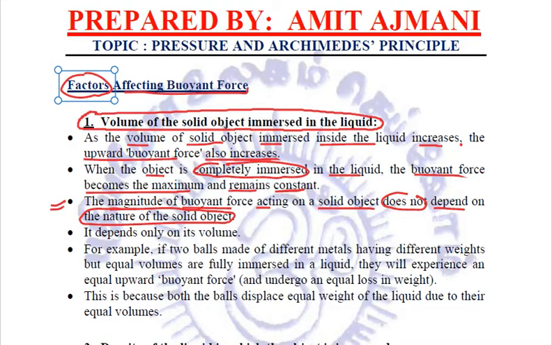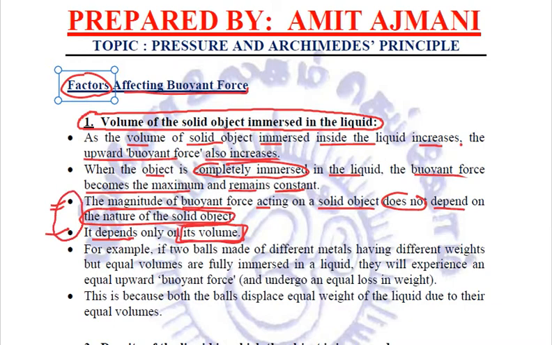It doesn't make any difference to the amount of buoyant force, right? The buoyant force depends only on its volume. What is the volume of the solid object? Depending upon that, the amount of buoyant force will act on it. These are very important points.